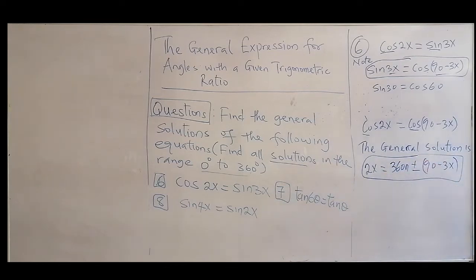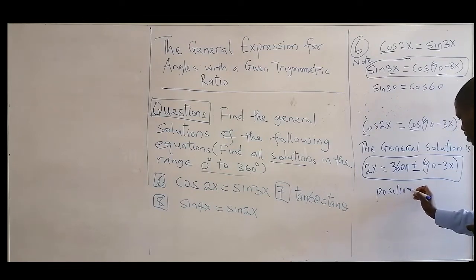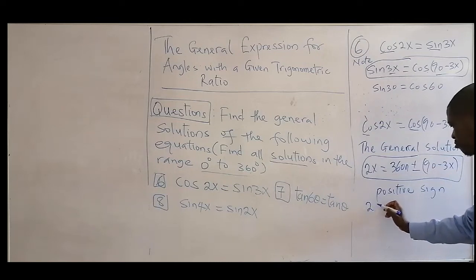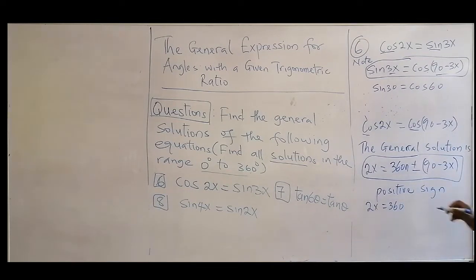These are the general solutions. And in this case we're going to look at it in two ways. We'll take the positive sign and then we'll also take the negative sign. So taking the positive sign, we have 2x equal to 360n plus 90 minus 3x. Then you can move this 3x to the other side.